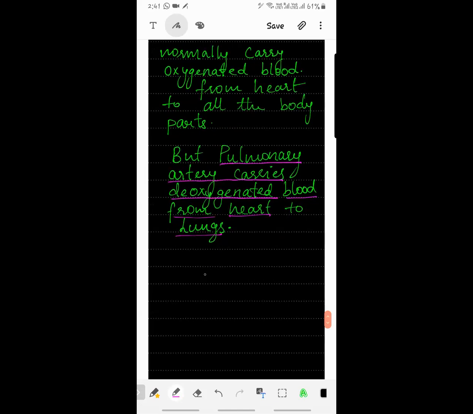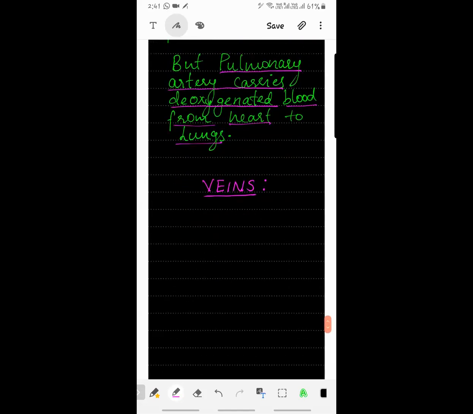The second blood vessel we'll see about. The second one is the vein. Veins are also blood vessels which carry blood from all the parts to the heart. Now, arteries took the blood from the heart to all parts of the body, and there should be some other blood vessel from all parts of the body, so that deoxygenated blood can come to the heart. So the veins do this function.